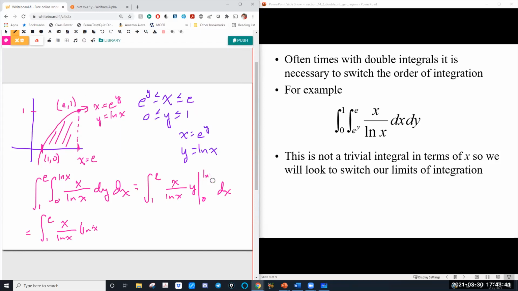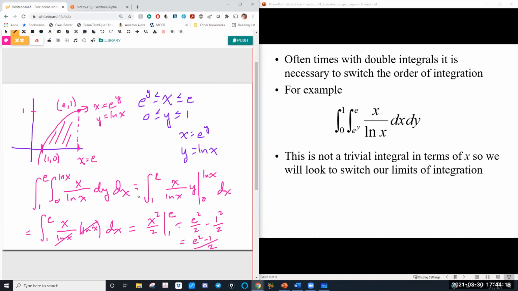This should have been an x. When that gets plugged in, our lower limit's 0, which is going to 0 everything out. Those actually cancel. And now we get a basic integral, x squared over 2 from 1 to e. So e squared over 2 minus 1 squared over 2. Or if you want, e squared minus 1 all over 2.